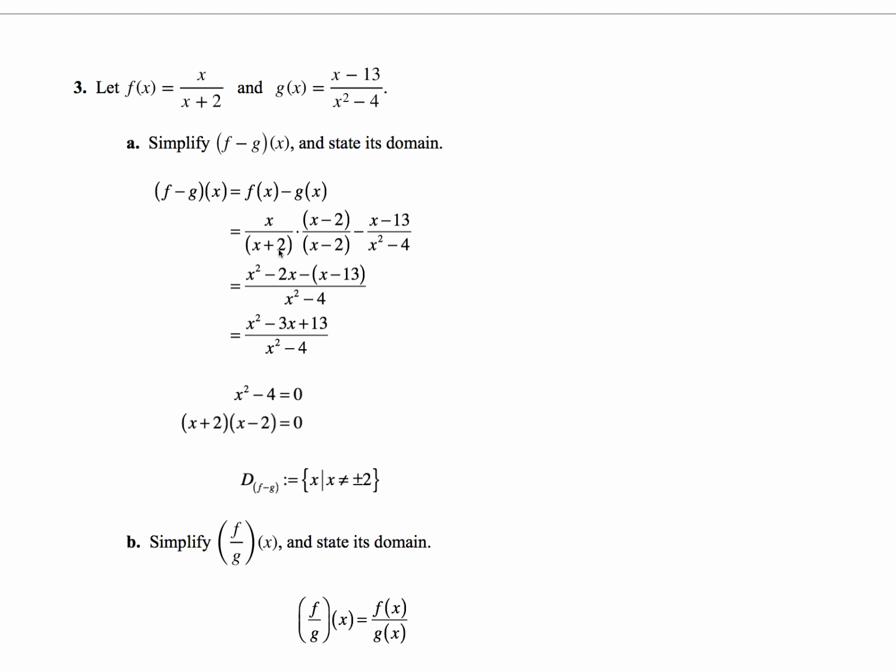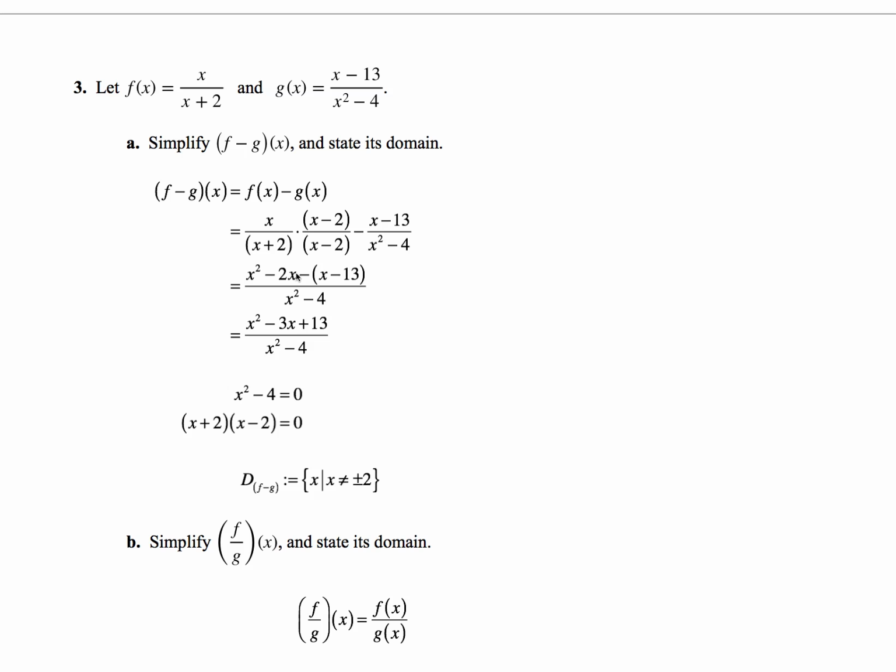So we multiply x plus 2 times x minus 2 to make that denominator x squared minus 4, so we have the same denominator. And of course, if we multiply the denominator by that x minus 2, we have to multiply the numerator as well. So when you distribute the x times the x, you get x squared, times the negative 2, you get negative 2x. And then you subtract the x and you subtract the negative 13.